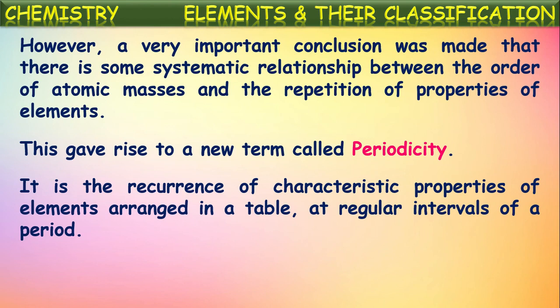When elements are written in the increasing order of their atomic masses, certain characteristic properties recur from one element to another element. This is called periodicity. It was found for the first time from this Newlands classification, even though it had certain drawbacks. This led to further classifications.